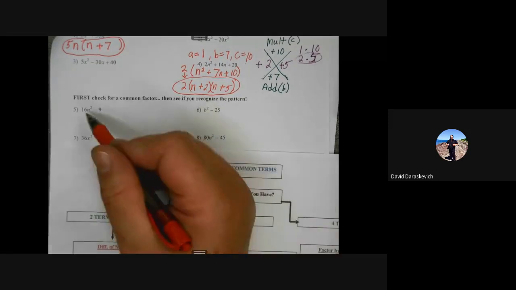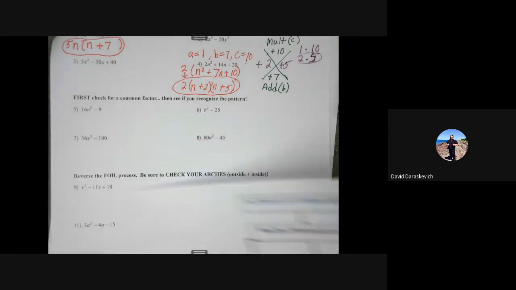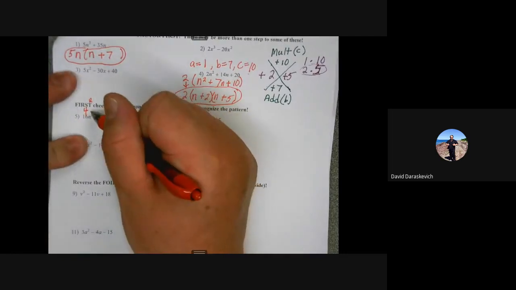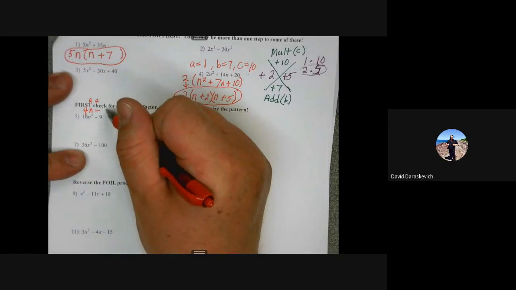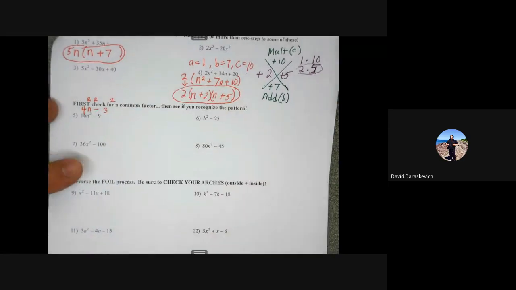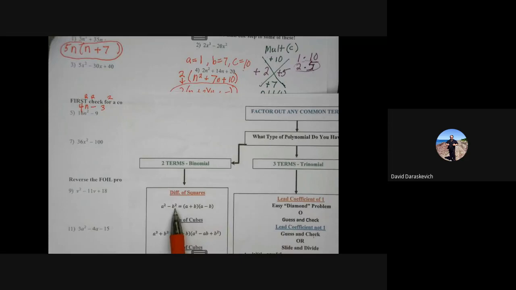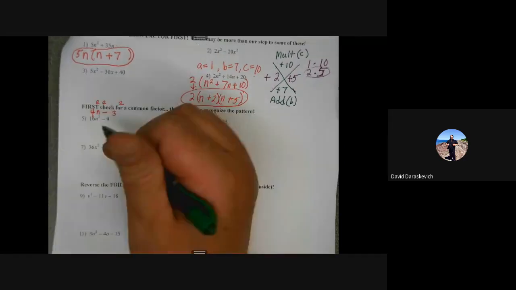So then I have to ask myself, well, is 16 a square? It is a perfect square. In fact, it's 4 squared. It's being multiplied to my n squared. And then 9 is 3 squared. So I can use the shortcut formula on this, okay? Where I have a squared minus b squared equals a plus b, a minus b. Now, I have to figure out what my a and b are.